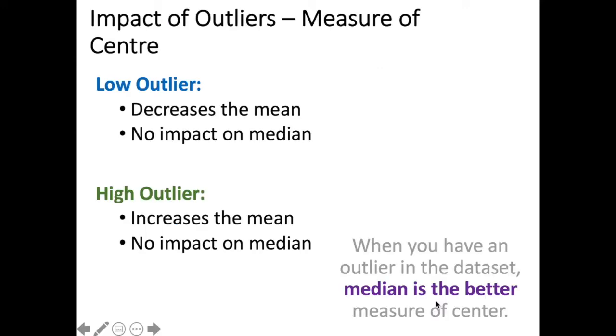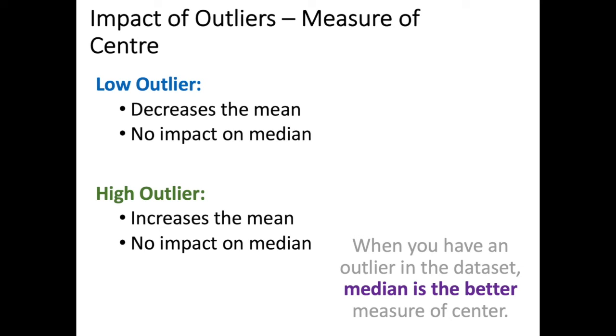When we have outliers, it is going to impact our calculations for both measures of spread and measures of center. When we're looking at our measures of center, if we've got a low outlier, that is going to decrease the mean. Those low numbers are going to bring the average down. While it decreases the mean, there's going to be no significant impact on the median.